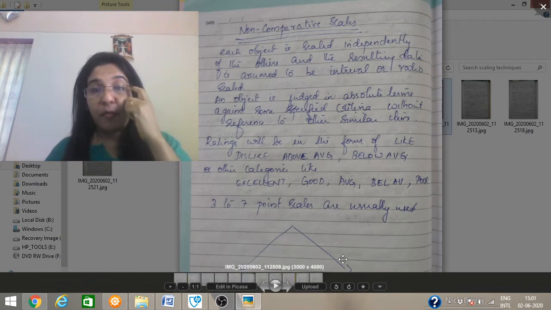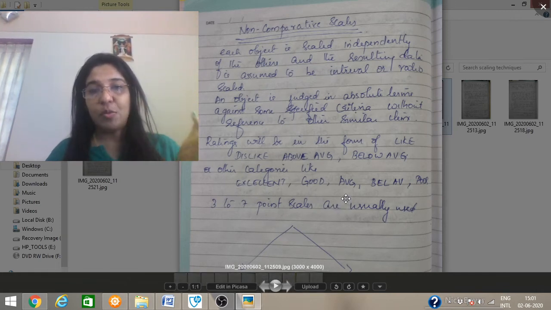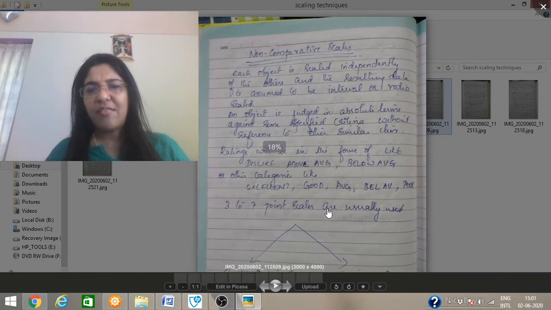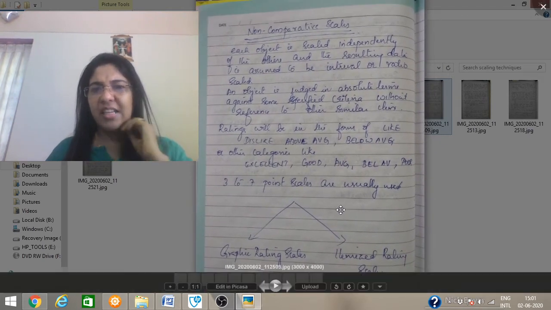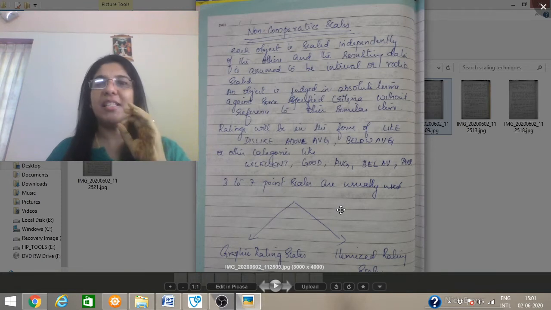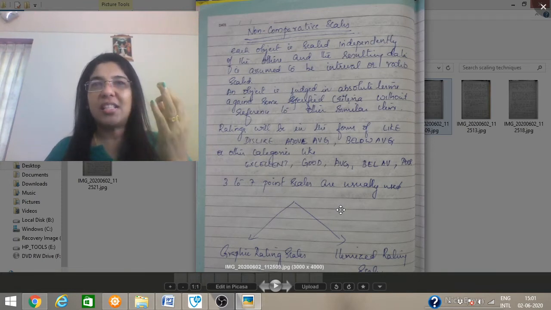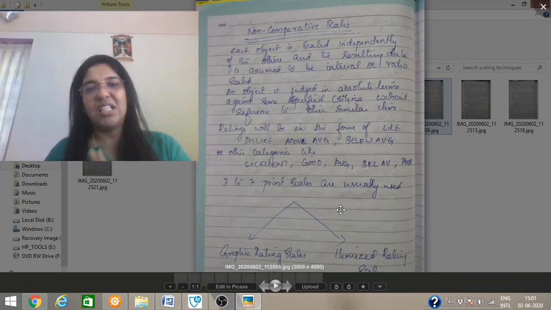Ratings will be in the form of like, dislike, above average, below average, or other categories like excellent, good, average, below average, etc. Usually 3 to 7 point scales are used in this particular type. Non-comparative scales are basically your rating scales. You are not comparing; each entity is different. Like is different, dislike is different, above average is different, below average is different, excellent is different, good is different.